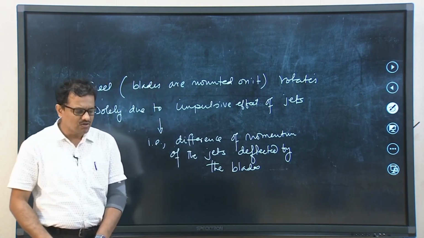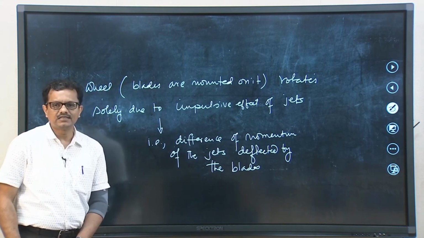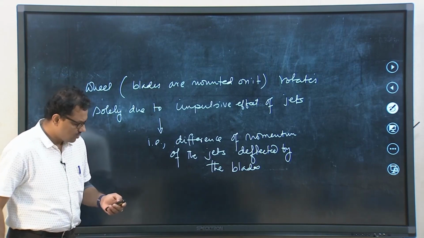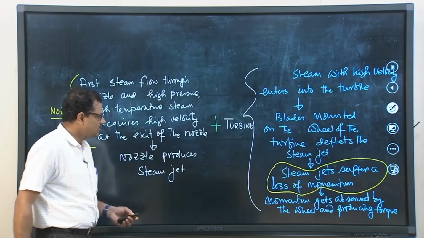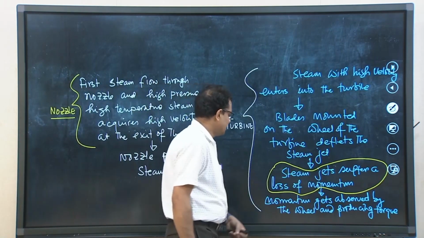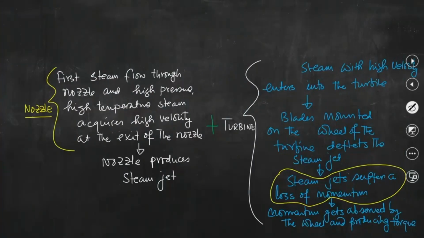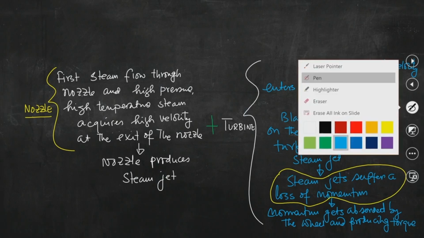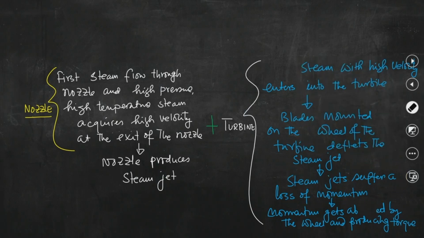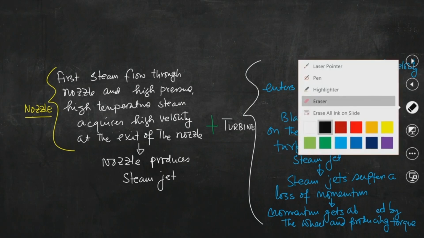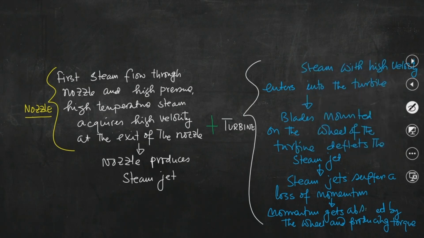Now, if we talk about the other type of turbine, that is the reaction turbine. Here, the momentum gets absorbed by the wheel, producing torque.